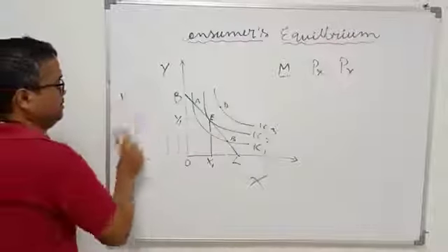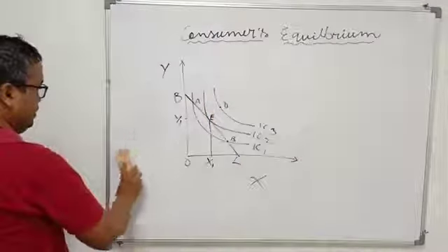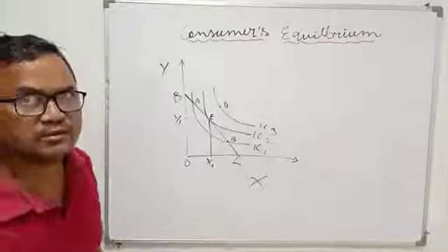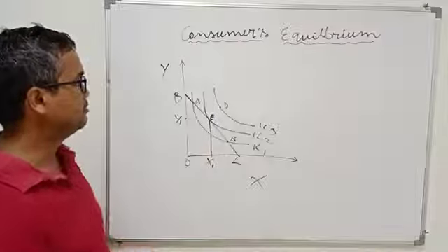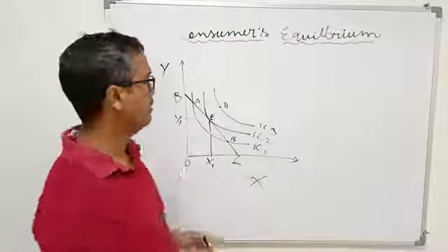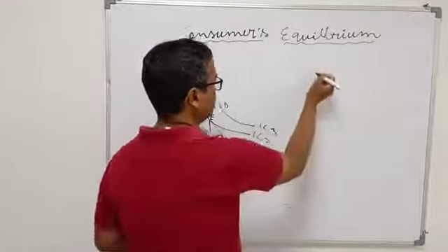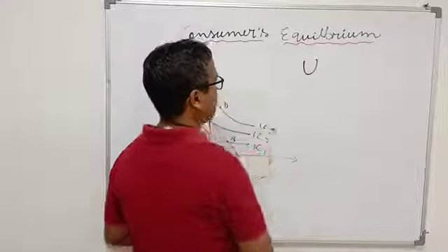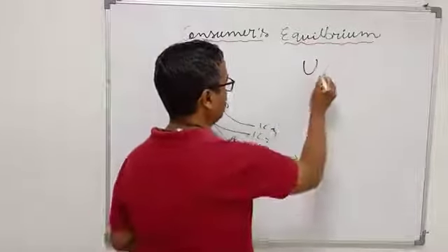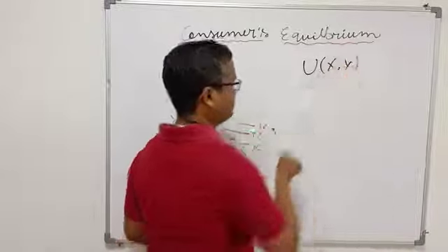Let me draw. The indifference curve, you know, is a defined combination of two goods that will give the same level of satisfaction. So in case of two commodities, we can represent utility. You are getting utility by consuming a combination of X good and Y good.